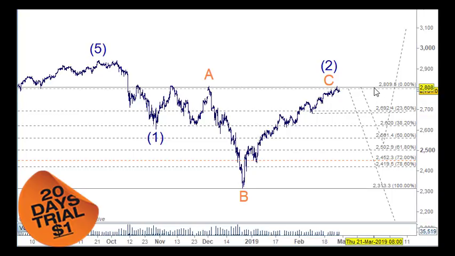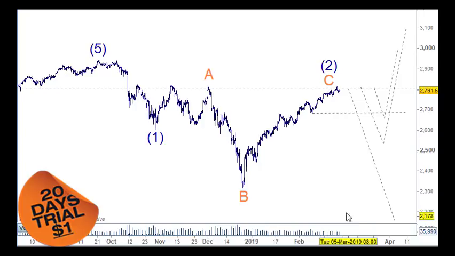So if I can just remove this here. In a bit of a nutshell, we've got this scenario, probably 2650, 27, about there, I think. So this is basically all my counts. We can have a top in place here. We can come all the way down through to here.